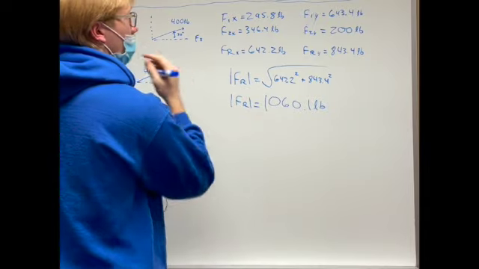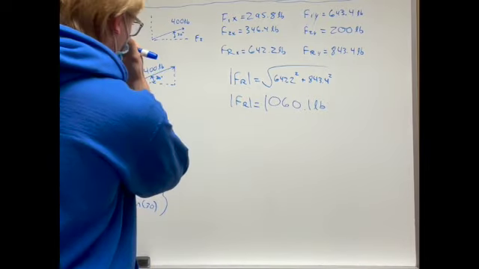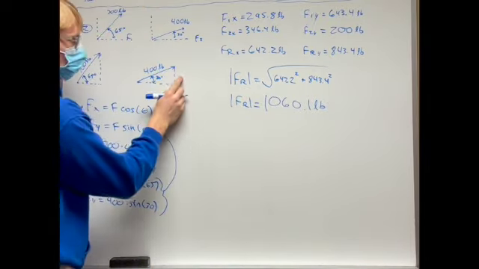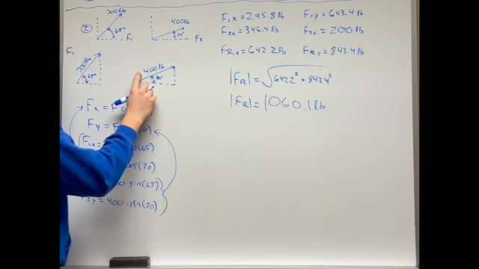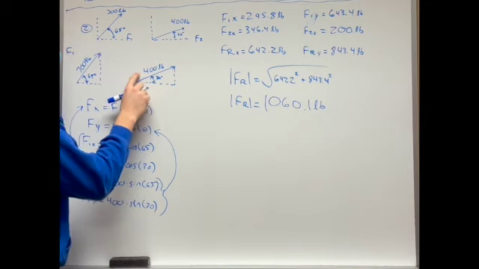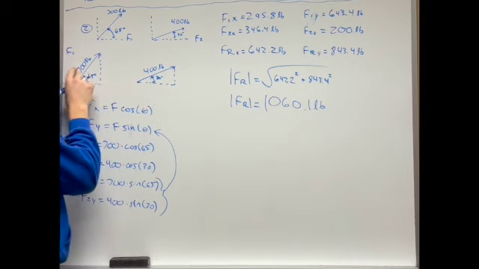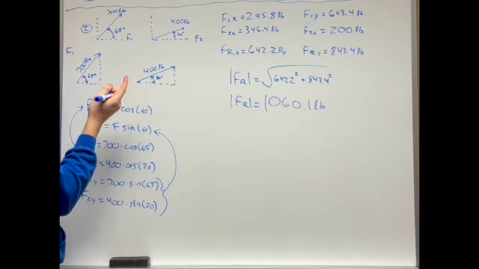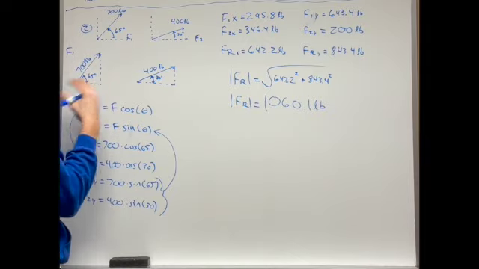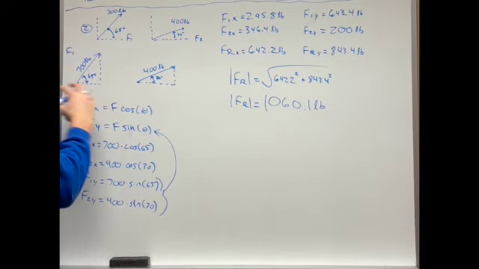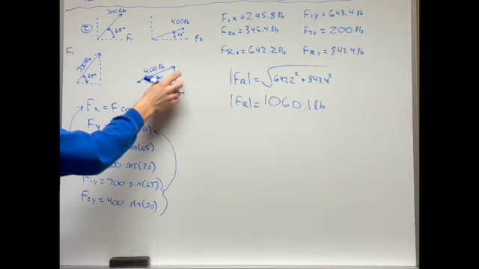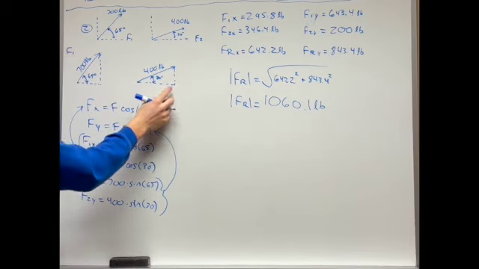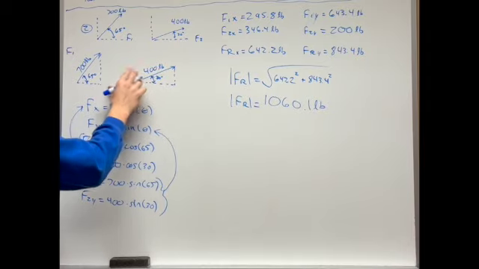And now that we know the x component, the y component, and the magnitude of our vector, we can use cosine, sine, or anything we want. But you can only use tangent if you only know these two and don't know the magnitude of our vector.